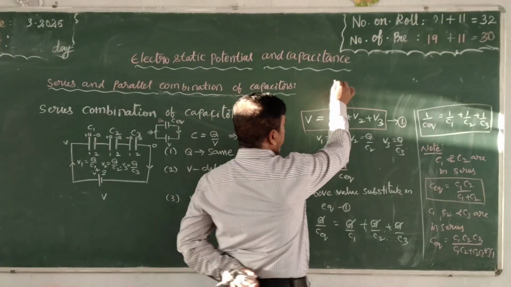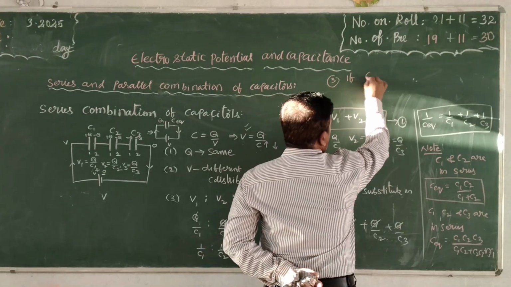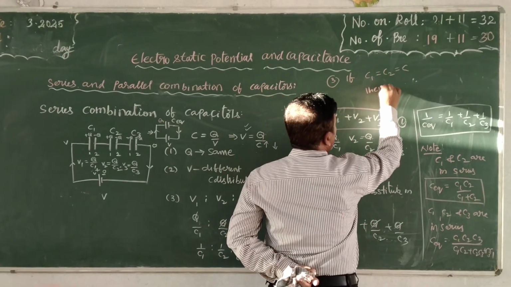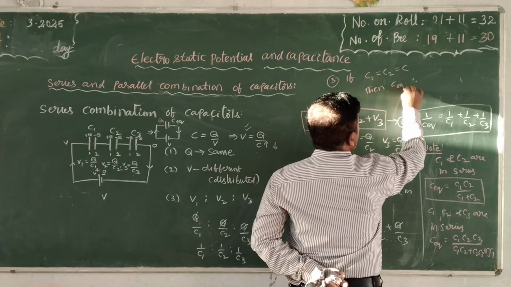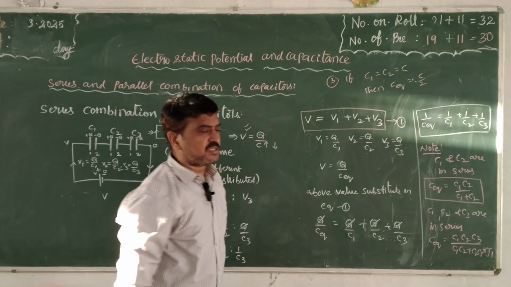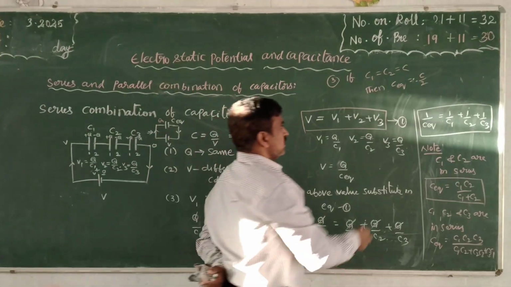Third, if C1 equals C2 equals C, then the equivalent capacitance is C by 2. Two capacitors are connected in series with the same magnitude, so C by 2.